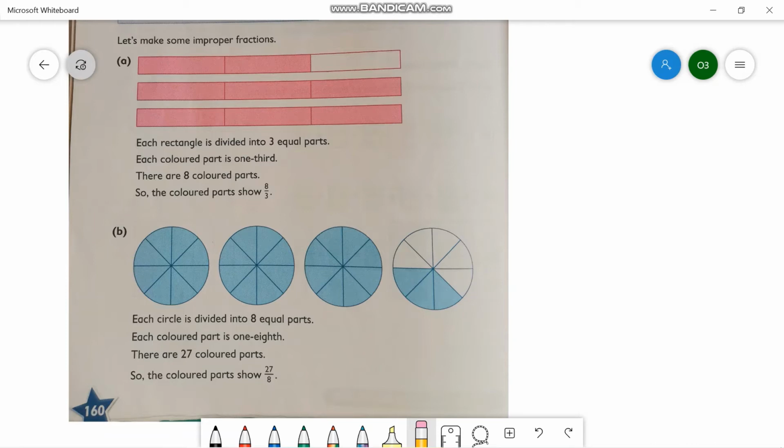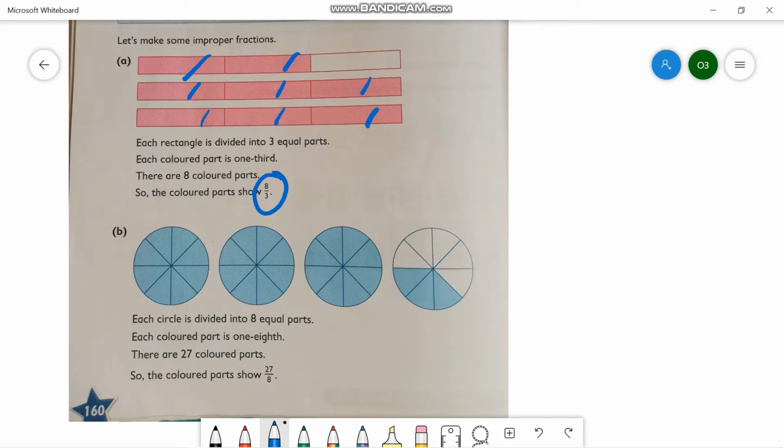Each colored part is 1/3. And there are 8 colored parts. Can we count them? 1, 2, 3, 4, 5, 6, 7, and 8. So the colored parts show 8/3. So you will notice that 8 is greater than 3, so we consider this as an improper fraction.